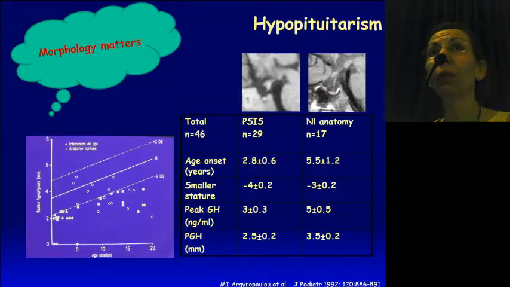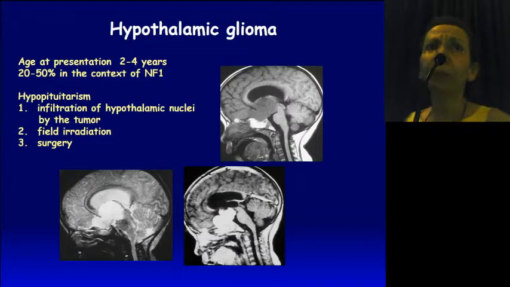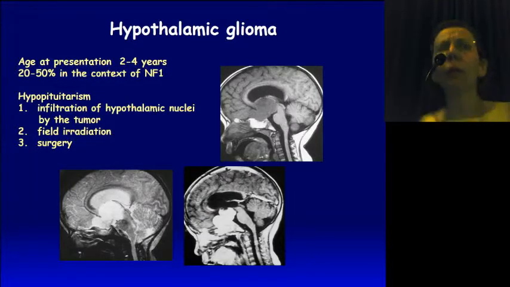And I remind you that children having a normal morphology of the hypothalamo-pituitary axis most often have isolated growth hormone deficiency compared to those with pituitary stalk interruption syndrome having multiple hormone deficiencies, and of course the prognosis is much worse.